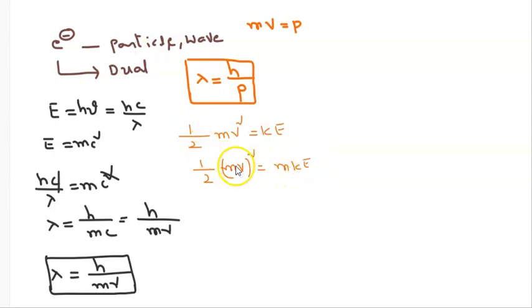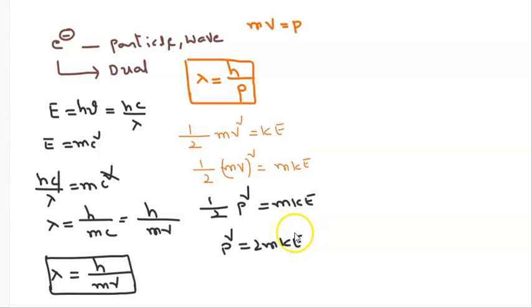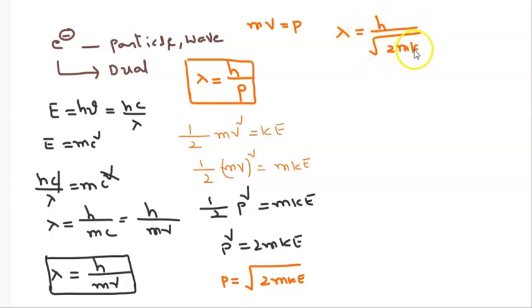And we know that m into v is the momentum, so half into p square is equal to m KE. Then p square is equal to 2m KE, so p is equal to square root of 2m KE. From this expression, lambda is equal to h by square root of 2m KE. This is another formula used to calculate the de Broglie wavelength when you know the value of KE.